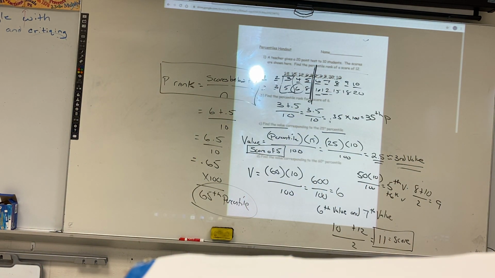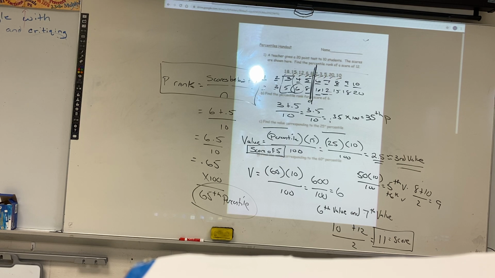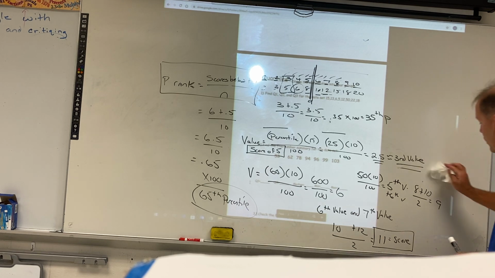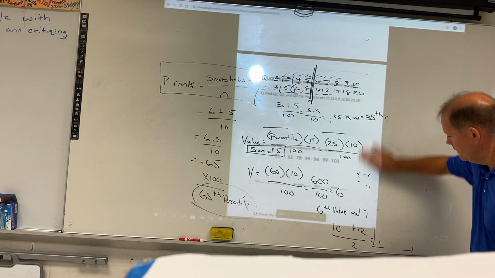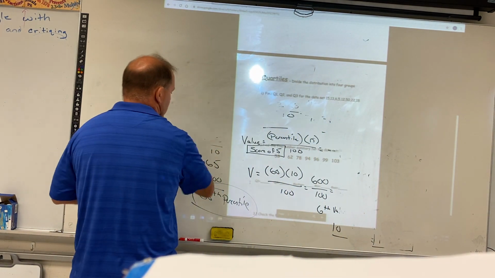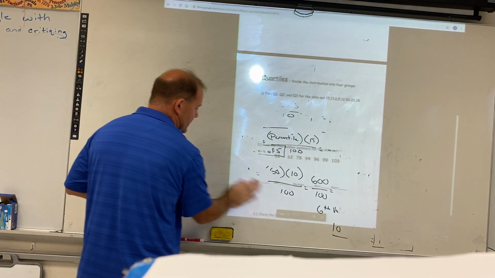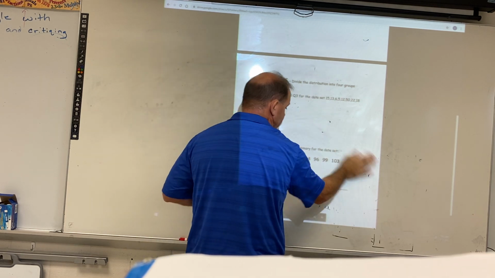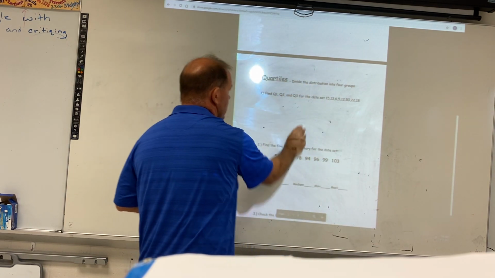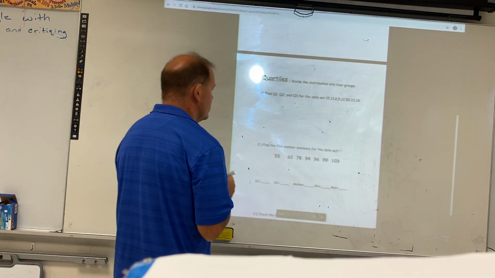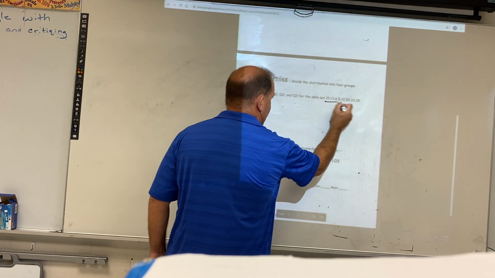The second thing that we're going to look at is quartiles. When we look at a quartile, the difference is now we are dividing our data into quarters. Again, I have a data set.